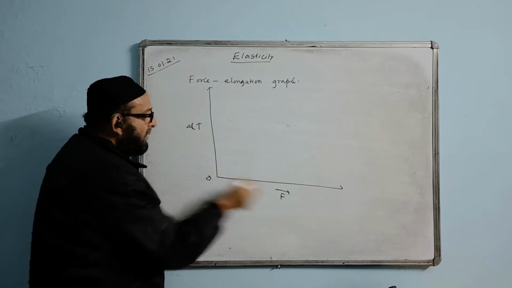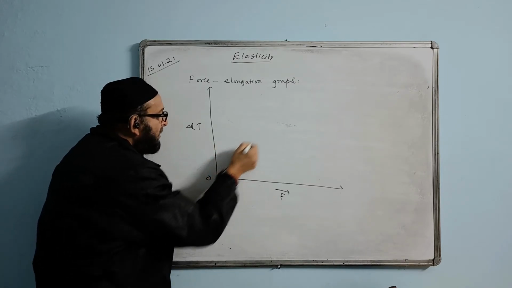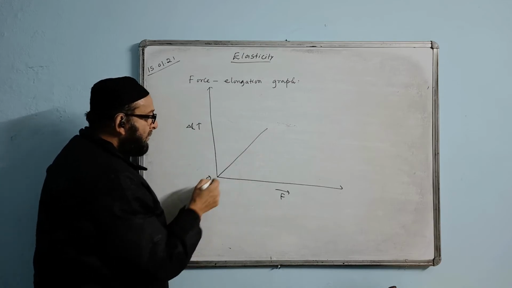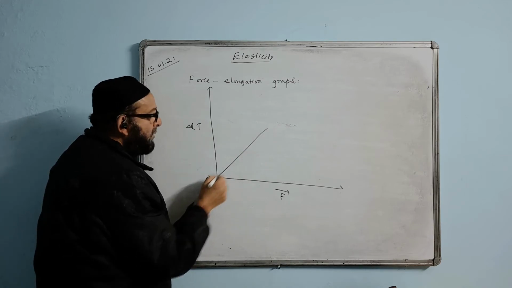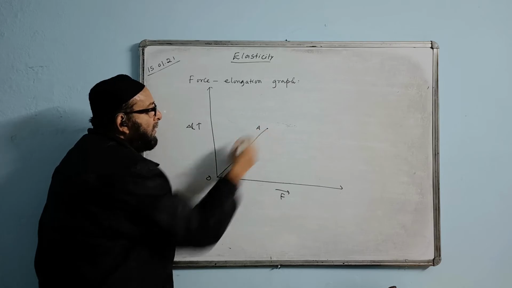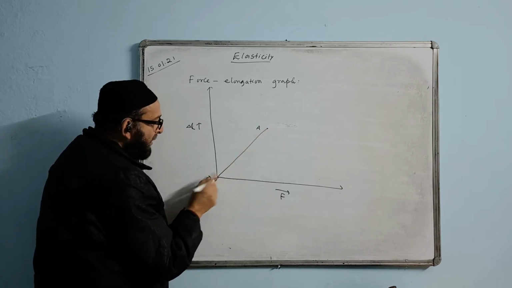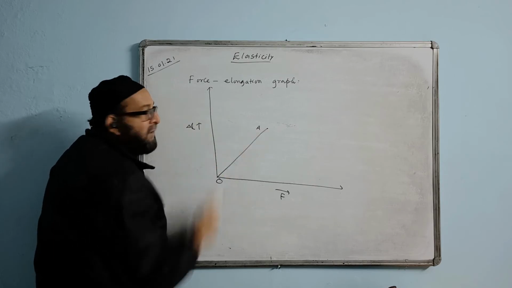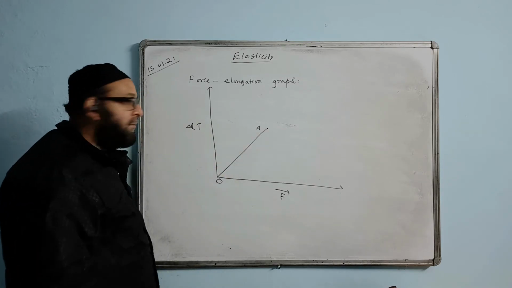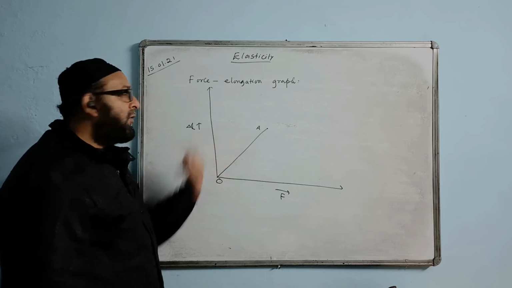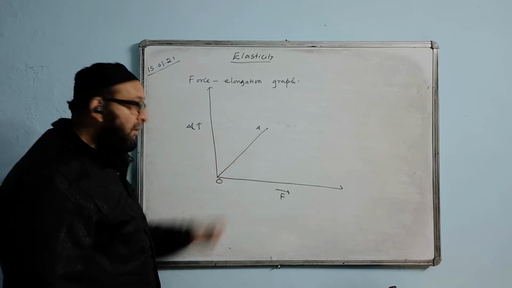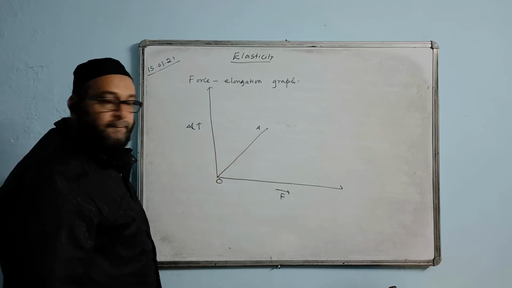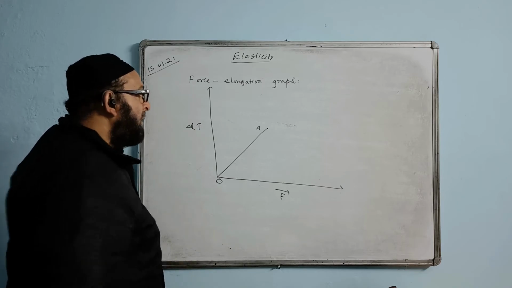Within the elastic limit, the graph will be a straight line like this. Suppose the starting point is O and the end point is A. OA represents the elastic limit, which means within this the body will be perfectly elastic and will return to its original shape and size.